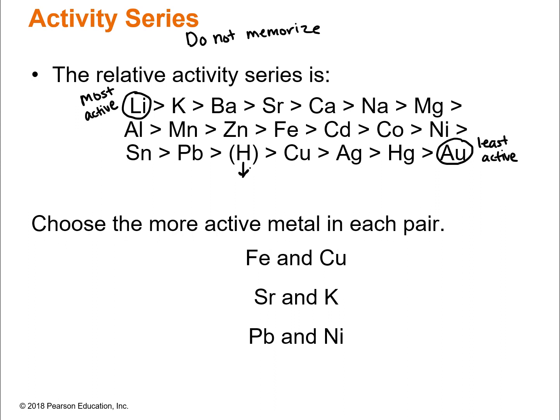We also have hydrogen here in parentheses. Hydrogen isn't really a metal. It's a little weird, right? But the reason hydrogen is here is because hydrogen is a part of water and acids. And some subtypes, if you will, of single replacement reactions involve aqueous acids and metal or water and metal.